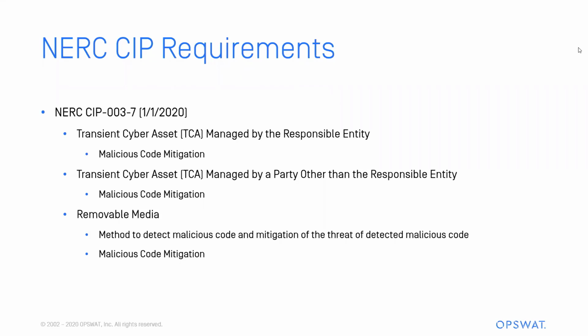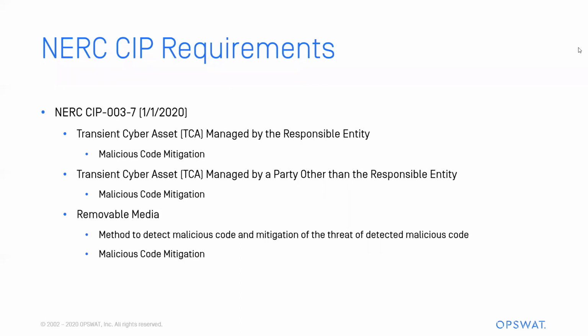And Carl, I wondered if you could explain to some of the laymen out there, what would be an example of a transient cyber asset? Good question, Douglas. A transient cyber asset in most common terms is a laptop. We'll get into some definitions on an upcoming slide, but this is a laptop that could be managed for field use, used by, say, an instrumentation tech or electrical tech or protection equipment folks, protective testing folks, or a vendor doing maintenance and administrative duties on your protection equipment or your energy management system or SCADA system out in the field.